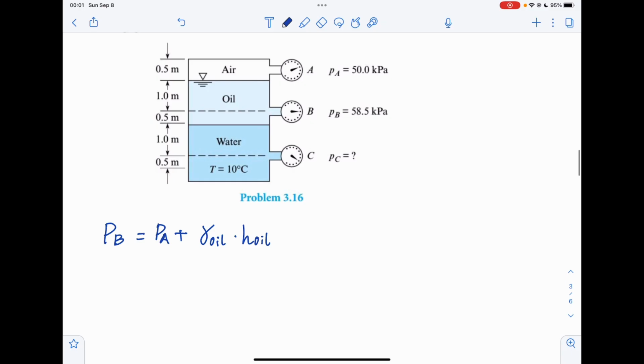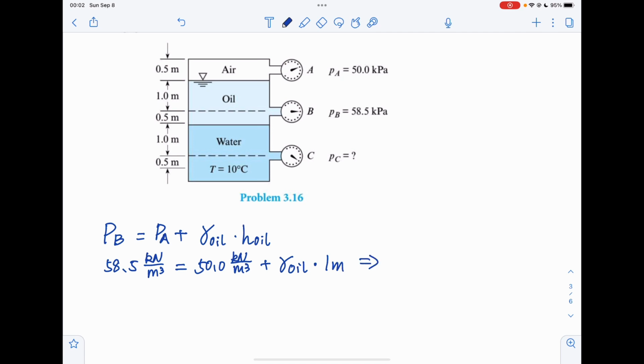So the reading at point B is 58.5 kilonewton per meter squared, equals the pressure at PA, which is 50.0 kilonewton per meter squared, you can also call it kPa, plus gamma of the oil times the height, which is 1 meter.